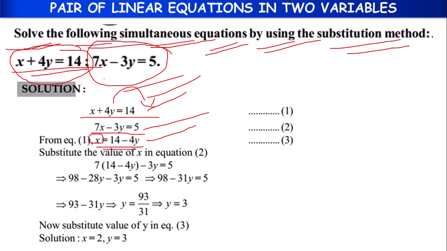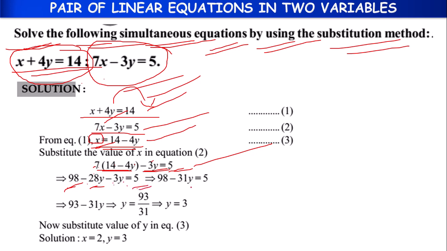Let's substitute it in the second equation. In the place of x, 7 into 14 minus 4y, minus 3y equal to 5. 7 into 14, 98. 7 into 4, 28. Minus 3y equal to 5.